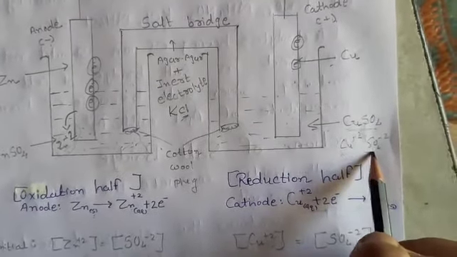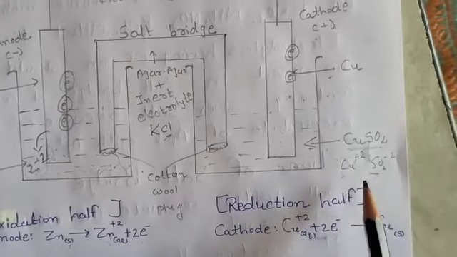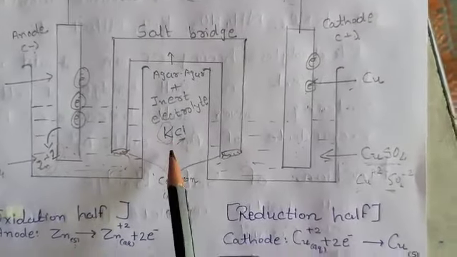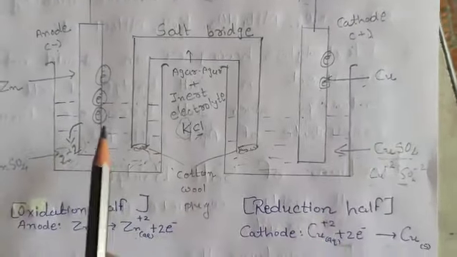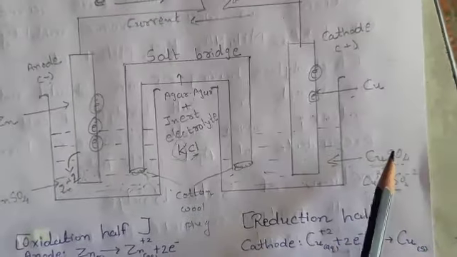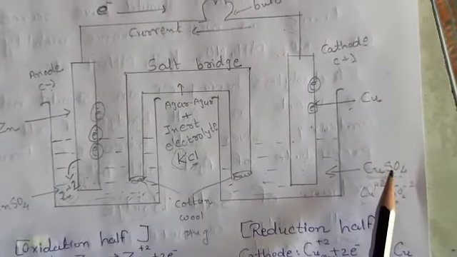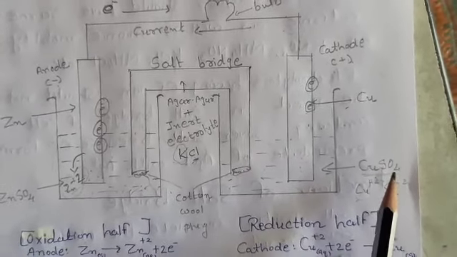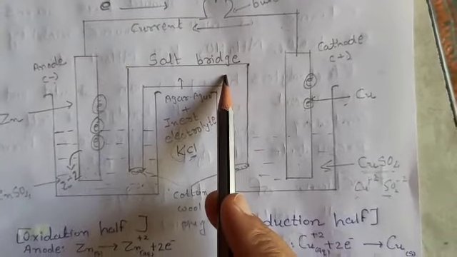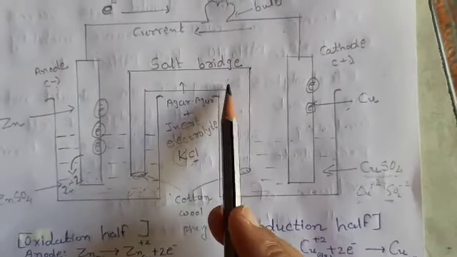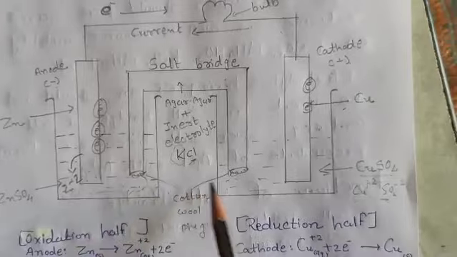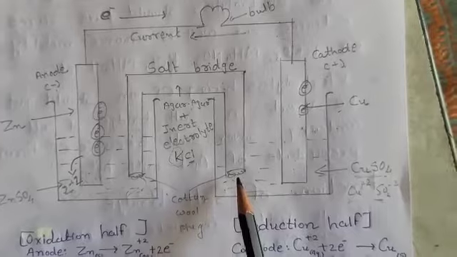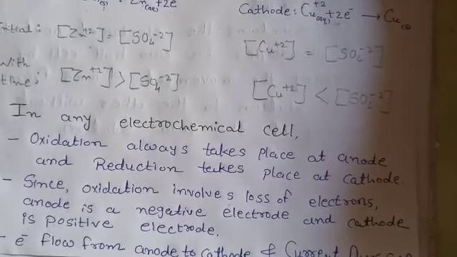Same here, SO4-2 charges increase, so K+ neutralizes this solution, right? Means we can gain electrical neutrality on both sides, and this cell can work again, right? Means the salt bridge completes the circuit and provides neutrality to both cells, so the chemical cell can work.